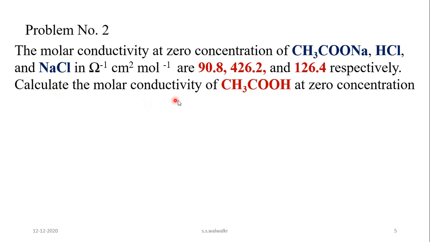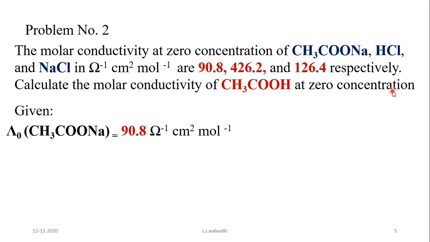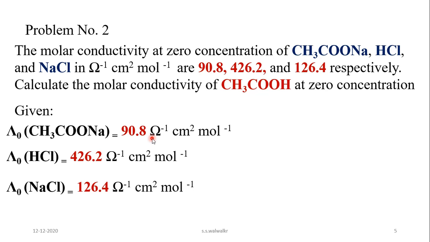Calculate the molar conductivity of acetic acid at zero concentration. Now what is given? Lambda 0 of sodium acetate is 90.8, lambda 0 of HCl is 426.2 and lambda 0 of NaCl is 126.4. And what is asked? Lambda 0 of acetic acid.